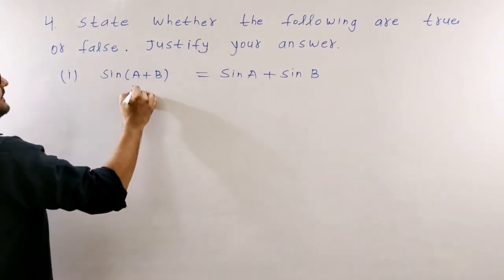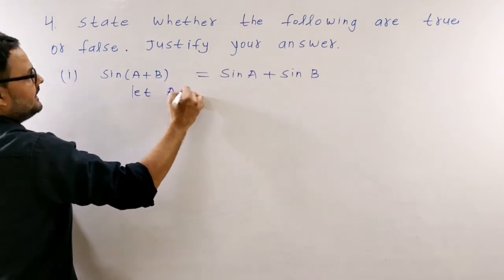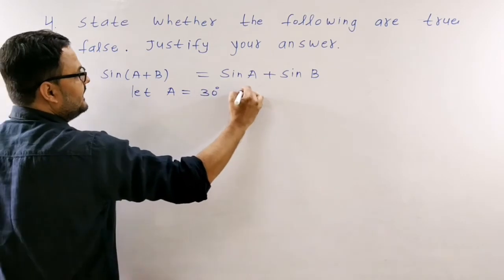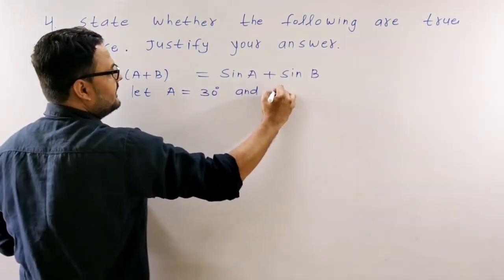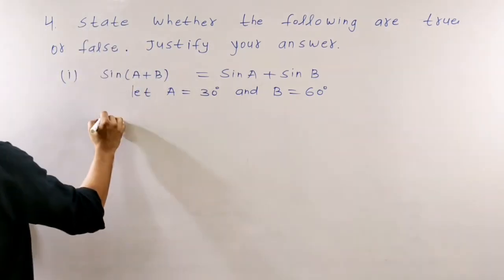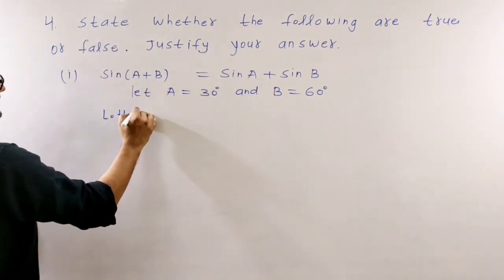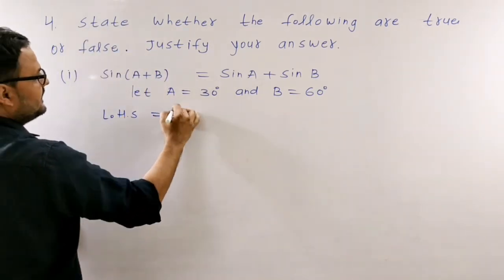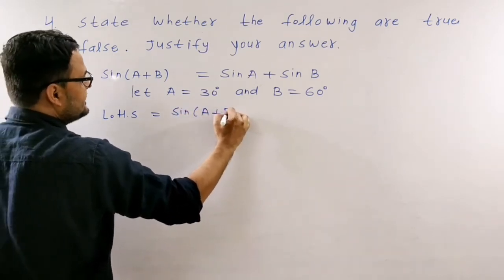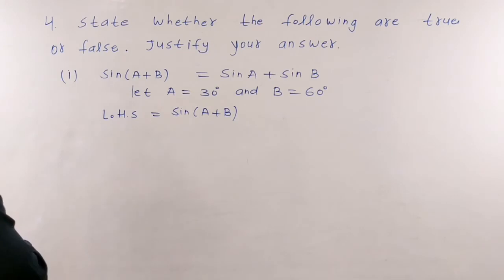So let a equal 30 degree and b equal 60 degree. Then LHS equals sin(a+b).